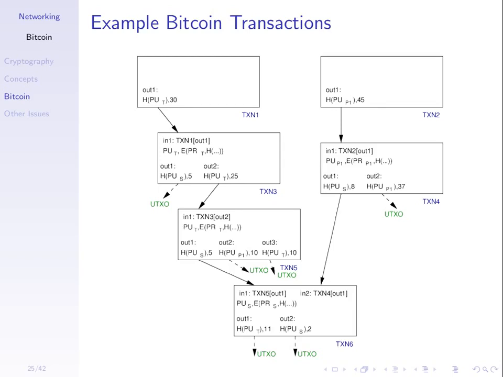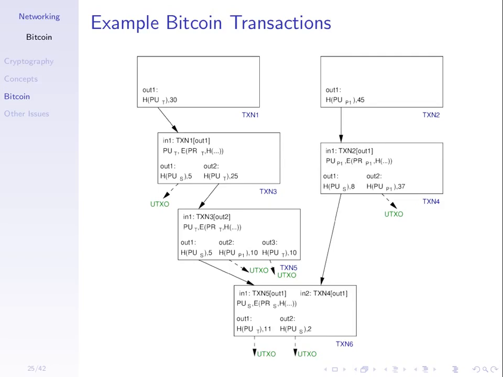Right? We can verify 4 when they're in our log of transactions. We can verify 5 because 5 refers to 3. 3 went to the public key of Tanarak. It was signed using the private key of Tanarak. That passes the verification. 3 sent 25 to Tanarak. 25 coming in, 25 goes out.